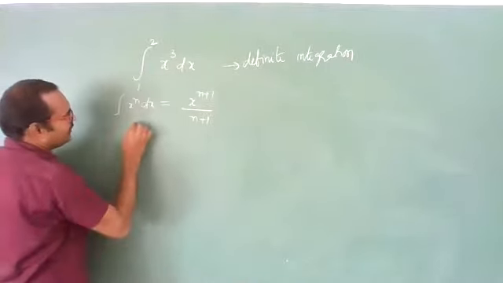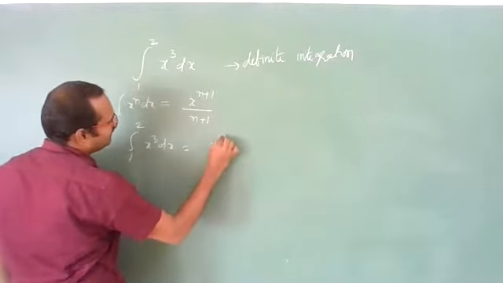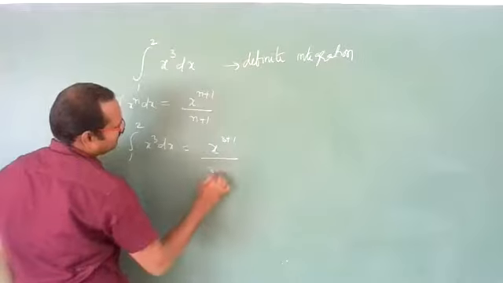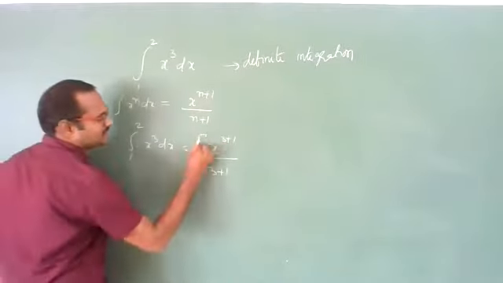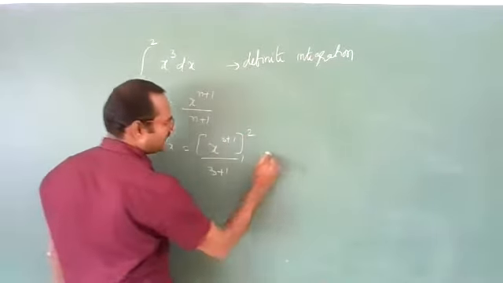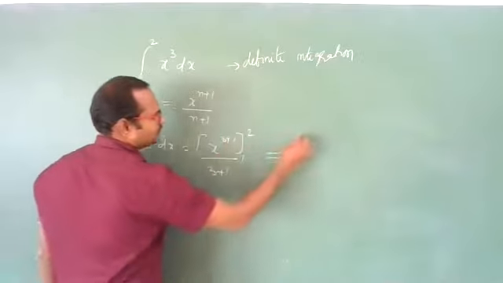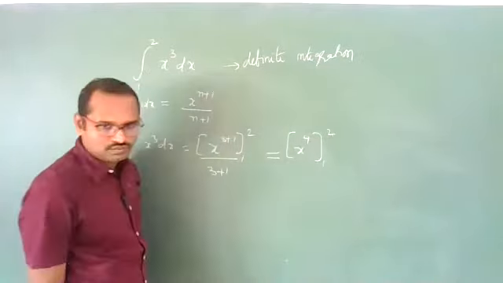So integration of x cube dx from 1 to 2 gives x power 3 plus 1 by 3 plus 1. Now we should apply the limits from 1 to 2. X power 3 plus 1 is 4, so x power 4 divided by 4, with x ranging from 1 to 2.